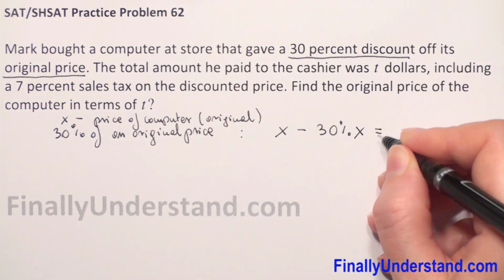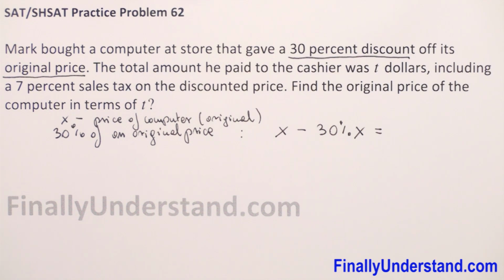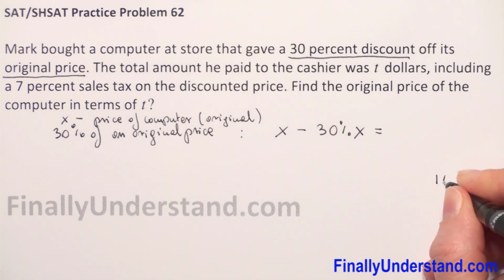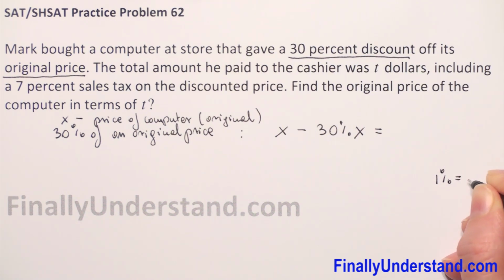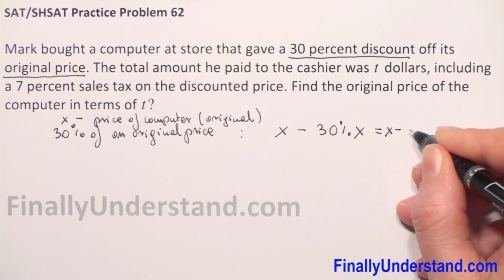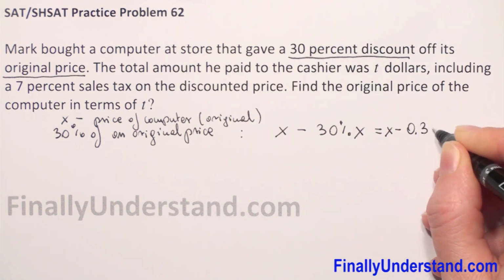So this is equal. We can change percent to a decimal number. Let me remind you the definition: 1% is equal to 0.01. So we have 30%, so we have X minus 0.3X. We don't have to write the 0 at the end of our decimal number.